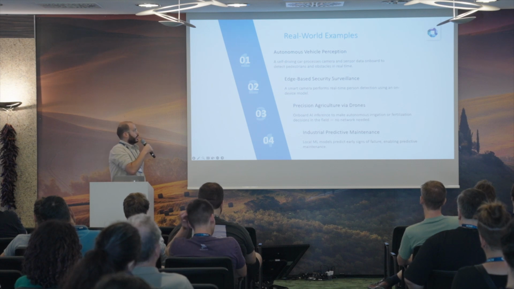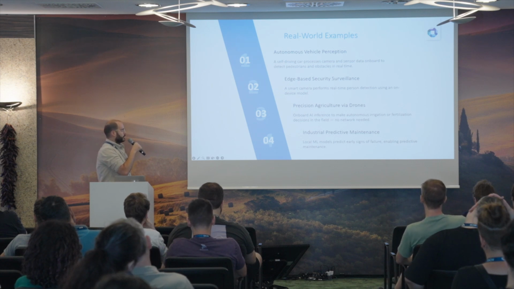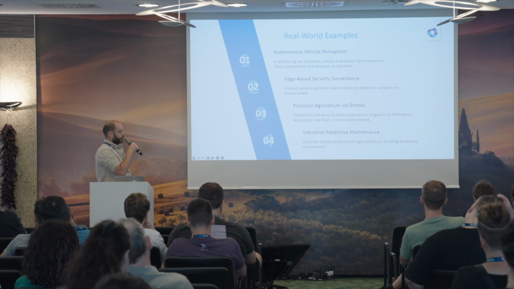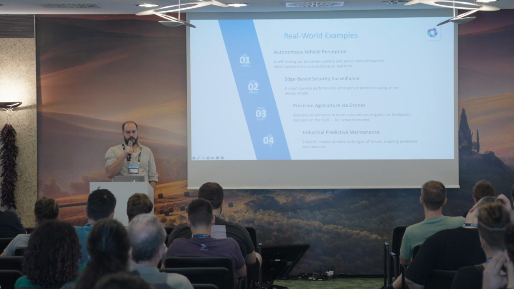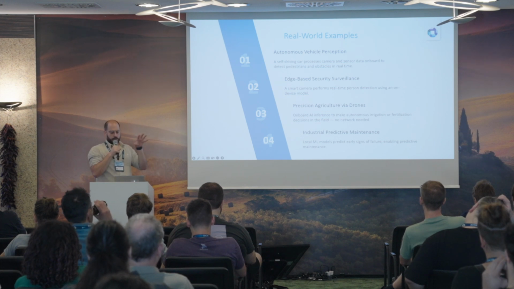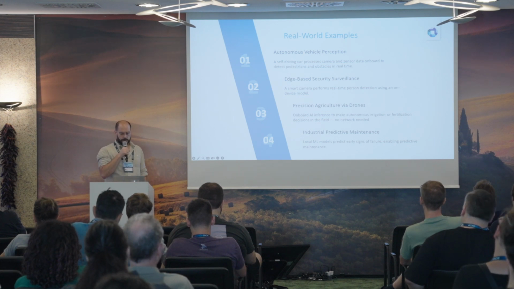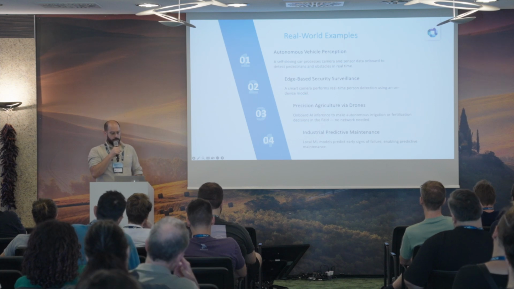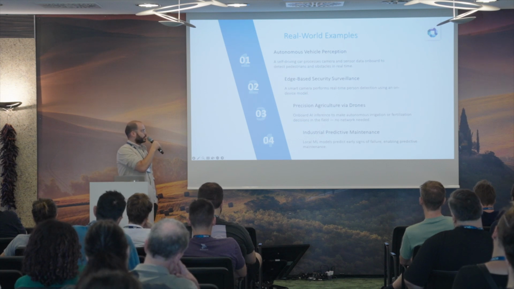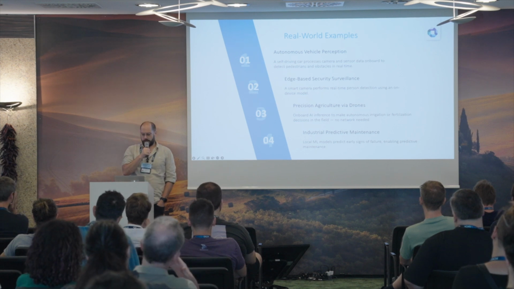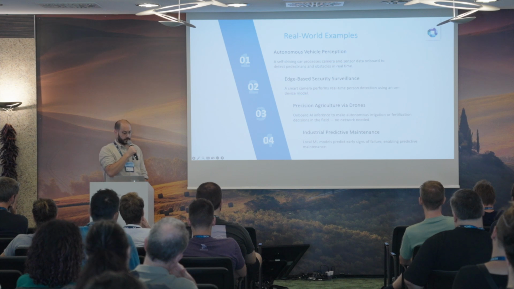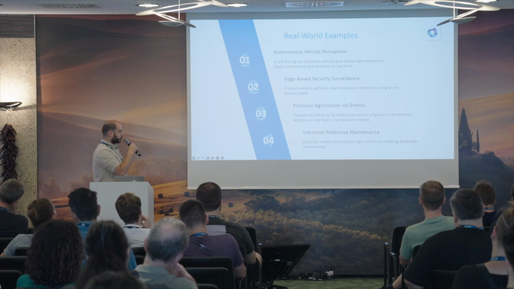We have edge-based security use cases, where we use camera systems to see if people are in dangerous environments, and then maybe stop the machine, and also to see if people are wearing their safety clothes and so on. So this is a really common use case.